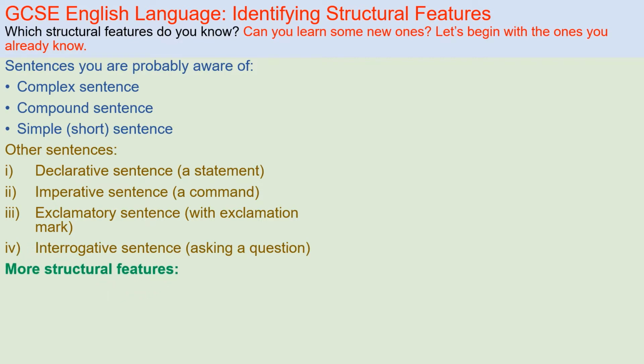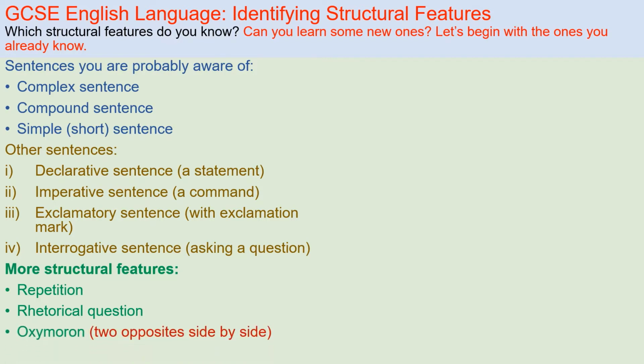Now there's some more structural features. Some of these you might have already known, like repetition, for example, or rhetorical question. An oxymoron, where two opposites are side by side, or a juxtaposition, where two ideas that do not fit are placed side by side.